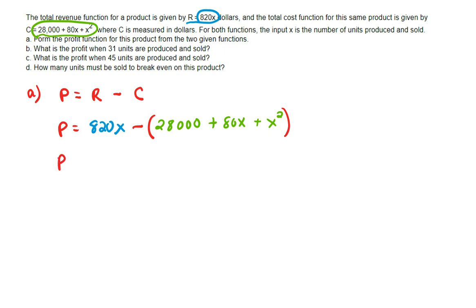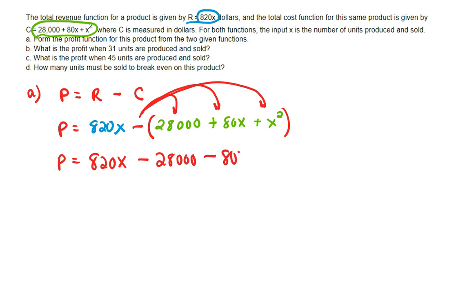So it's going to be P is equal to 820x, and then you're going to distribute the minus sign to all three of these. So it'll be minus 28,000 minus 80x minus x squared.